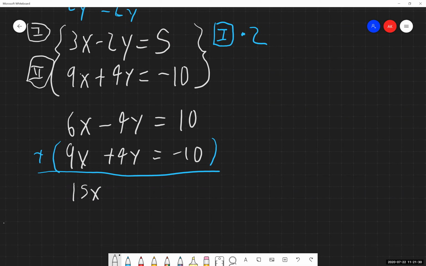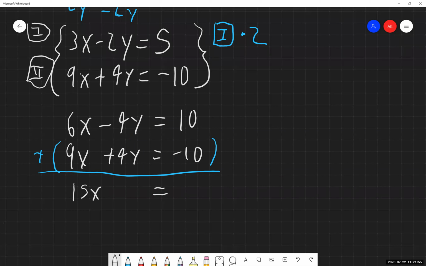Negative 4y plus 4y, it's going to give me 0y. And if you would like to, you can write in 0y, but because it's just going to be 0, we don't actually need to write anything. I've seen some people like to cross that out as they cancel. You're welcome to do that, whatever works best for you. All we know is that we should have no y's showing up in our answer here.